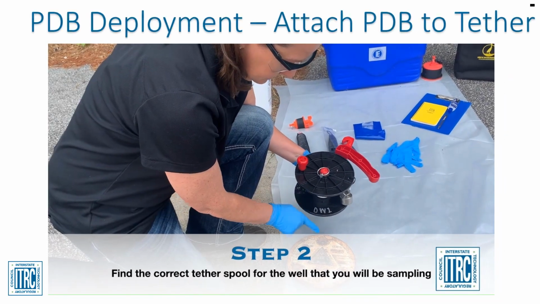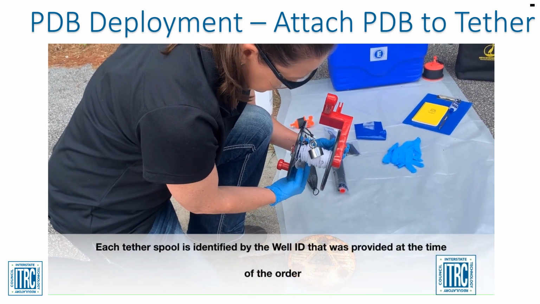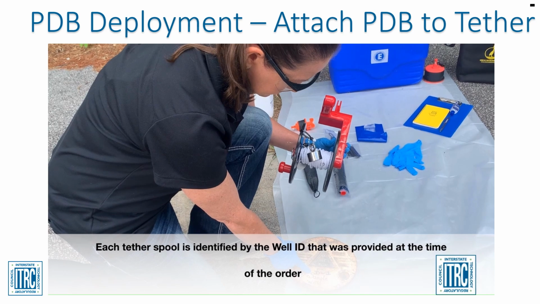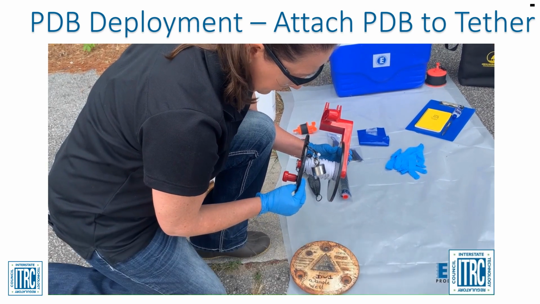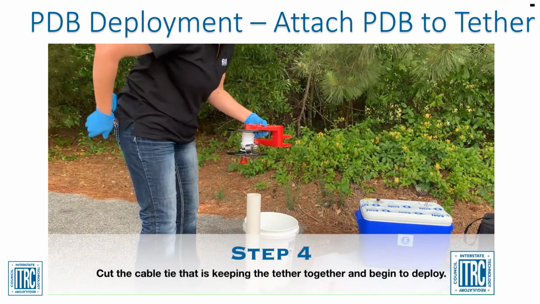To attach PDBs to the suspension tether, first locate the tether with the ID that matches the well. Snip the zip tie holding the end of the tether to the spool.